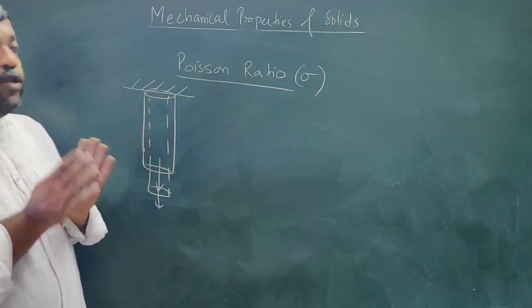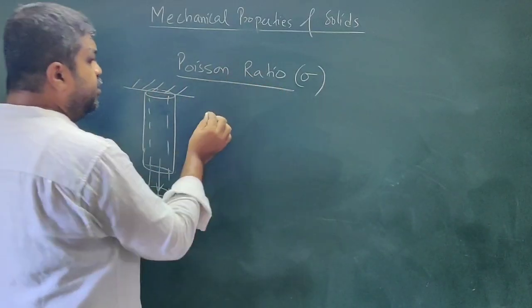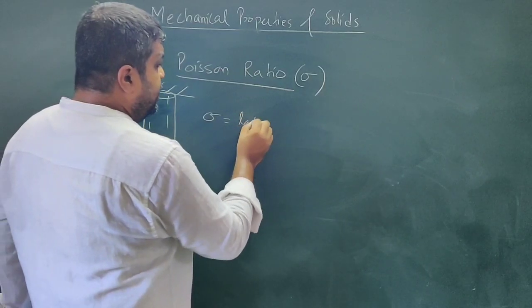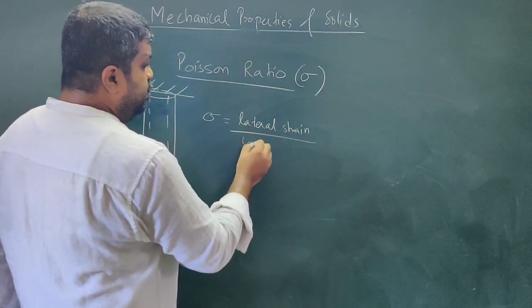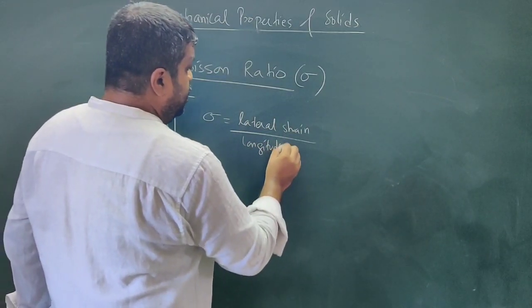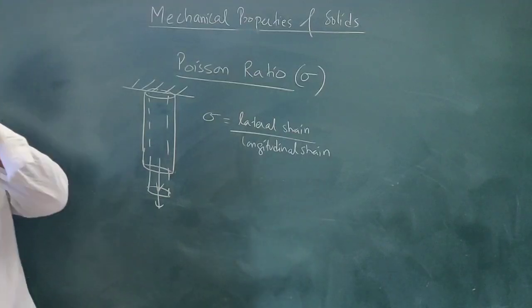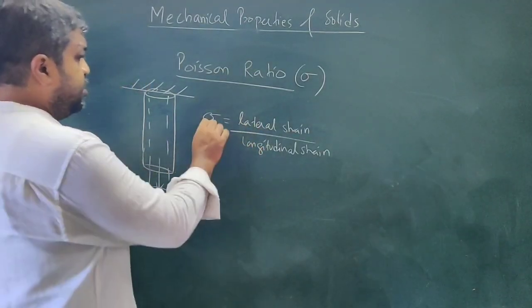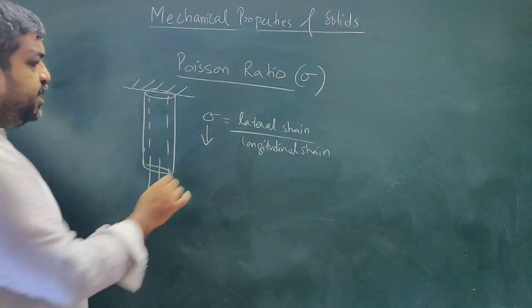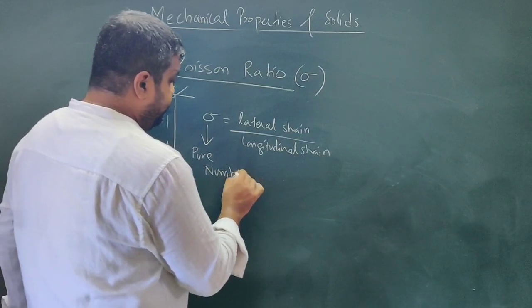That ratio is studied in terms of Poisson ratio. So basically the Poisson ratio is the ratio of lateral strain to longitudinal strain. Both are dimensionless quantities, so the Poisson ratio will be a dimensionless quantity, a pure number.